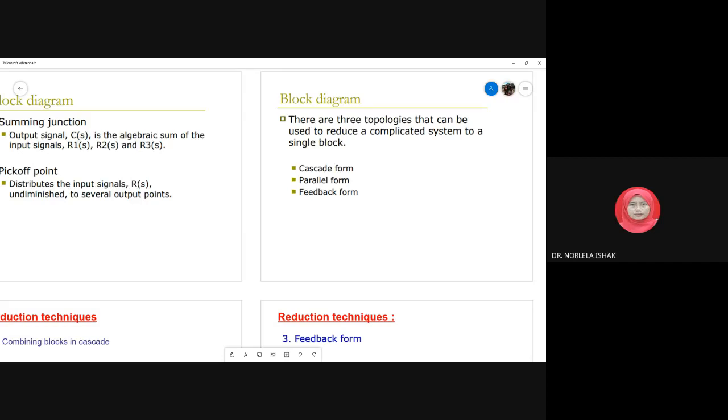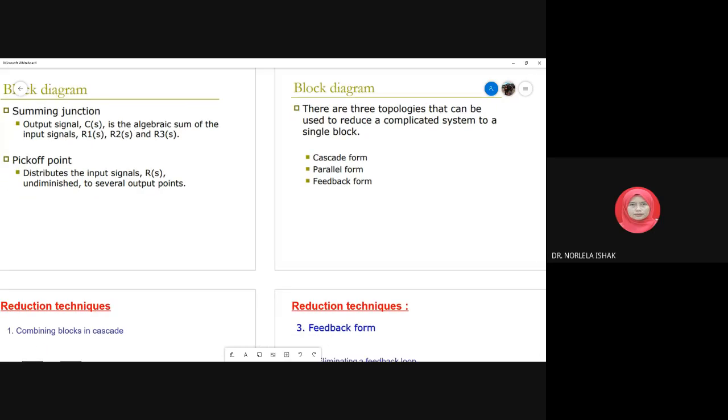So we have three forms: from the complex block diagram you can see the cascade form, parallel form, and feedback form.